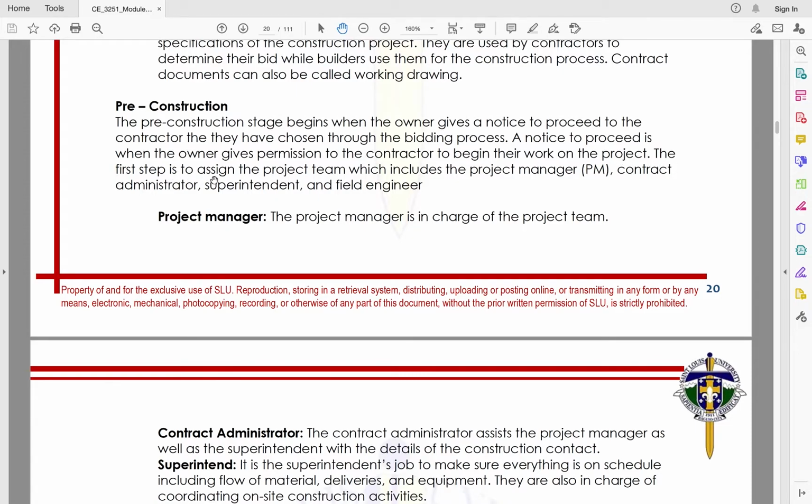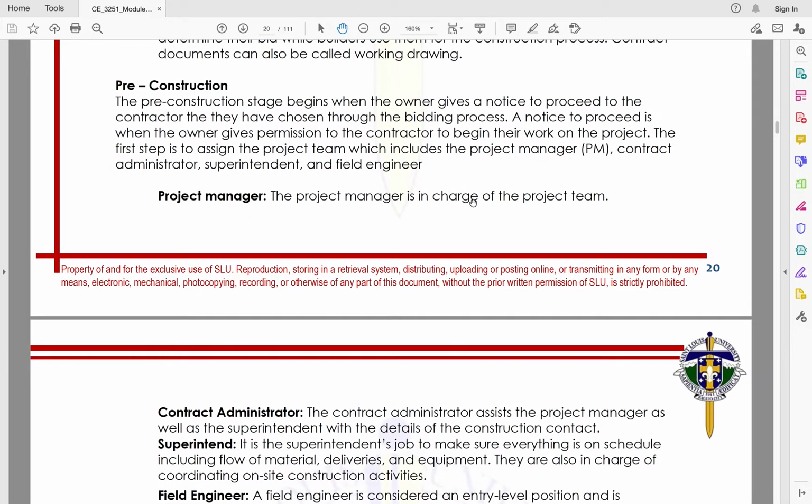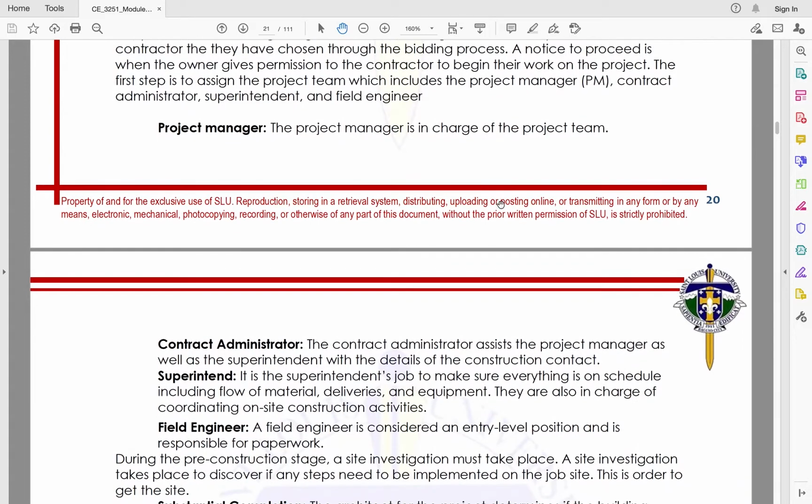The first step is to assign the project team, which includes the project manager, the contract administrator, the superintendent, and the field engineer. Of course, we need to designate our organizational chart first. The project manager is the person in charge of the project team.